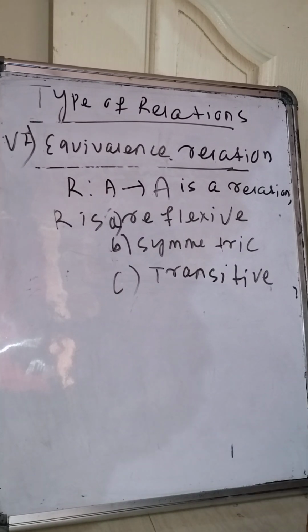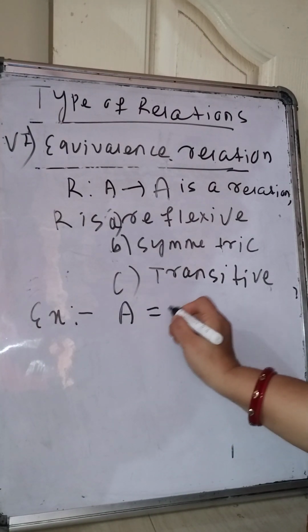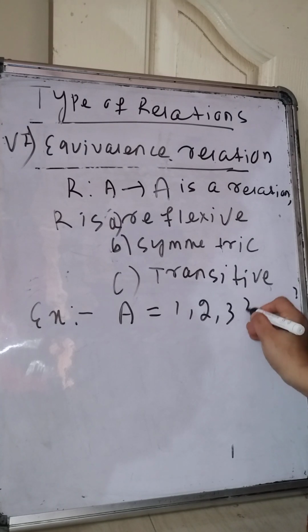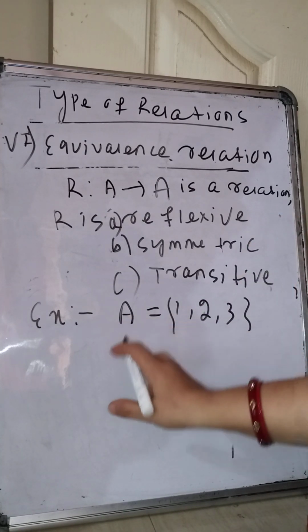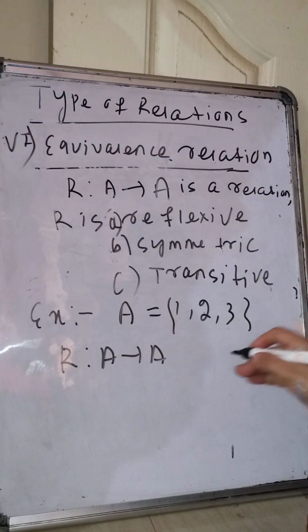Let us discuss through an example so that you will be more clear. Suppose a set A contains the elements 1 to 3. So when is the relation R on set A an equivalence relation?